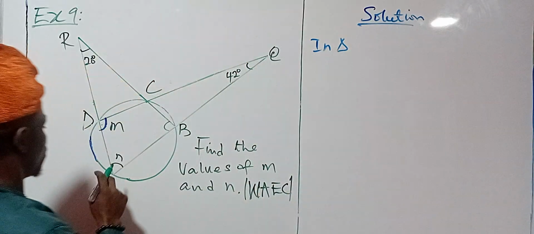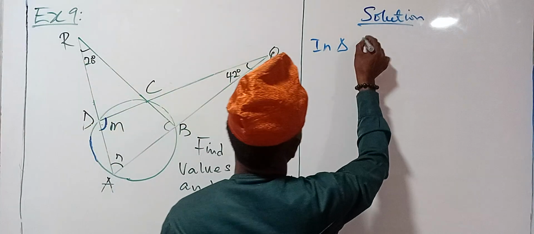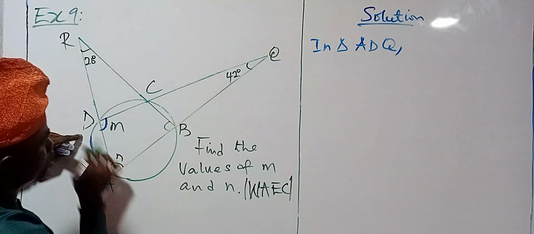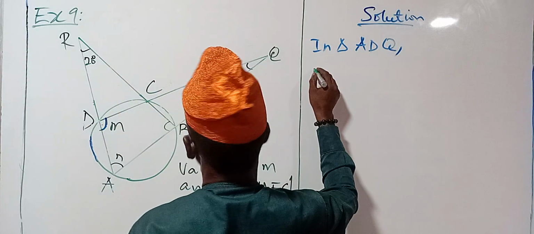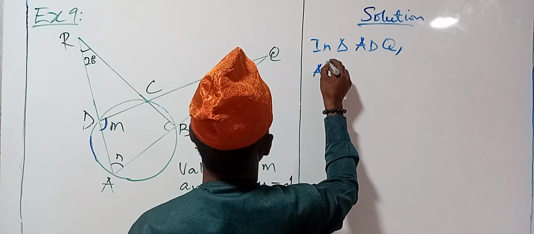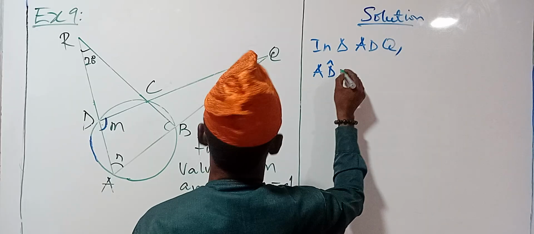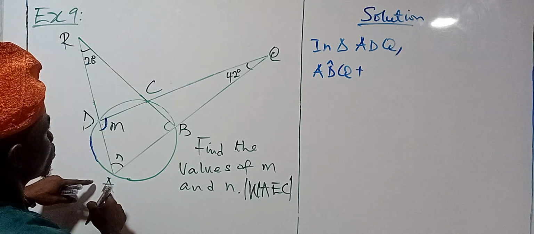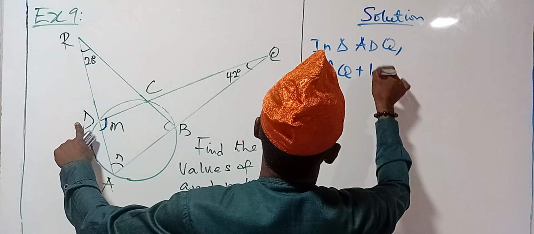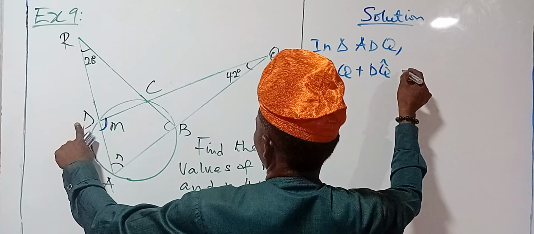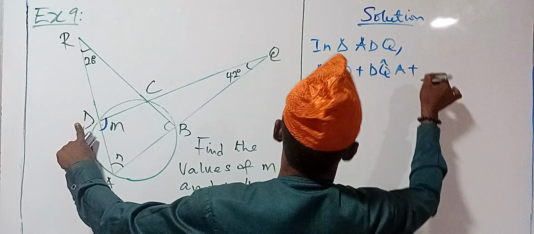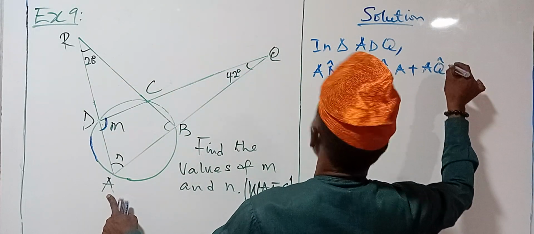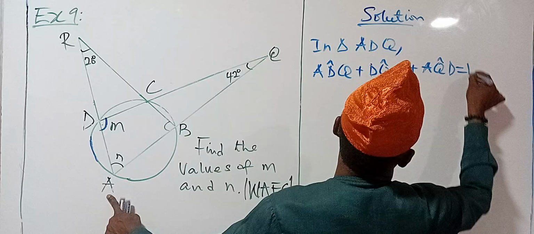In triangle ADQ, the first triangle, we have angle DAQ plus angle ADQ plus angle AQD equals what? 180 degrees.